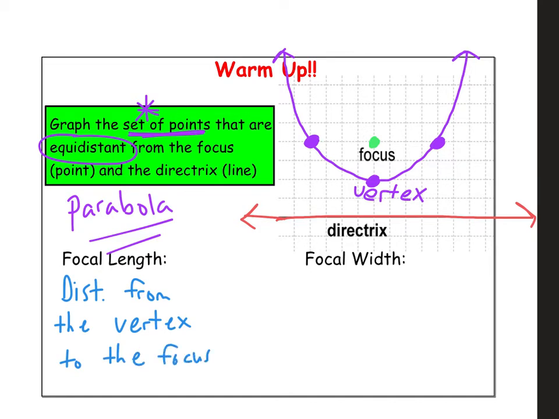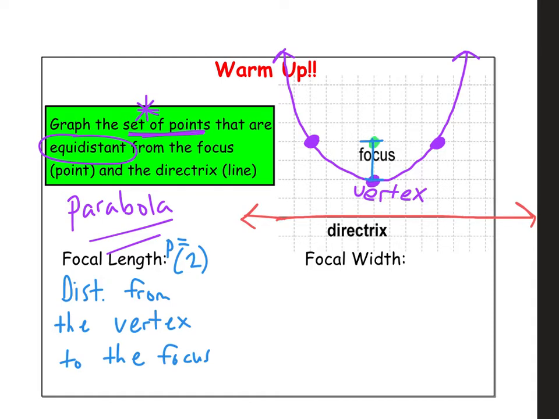Again, focus or focal point mean the same thing. In this example, that distance from there to there would be 2, for this specific drawing. A lot of times we're going to use the letter P for that. For some reason, the variable P will represent that. Not really sure why they chose P, but we'll just go with it. That is the focal length. That one we're going to use a lot.